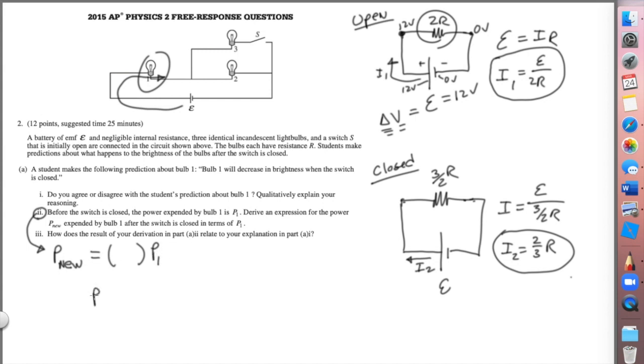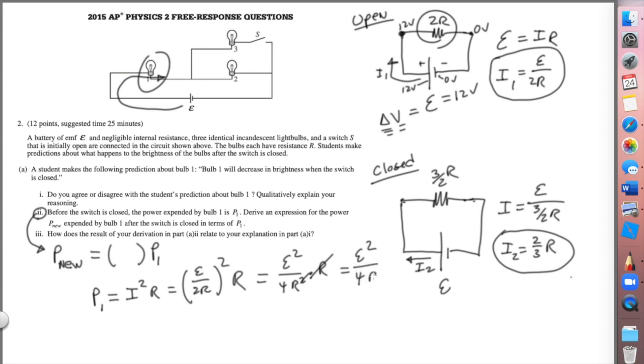So P1, which is the power of bulb 1 before the switch closes, is going to be equal, we'll use this power equation, I squared R, where the current through bulb 1 was E over 2R, squared, times R. This is going to simplify to E squared over 4R squared times R, which simplifies to E squared over 4R, since one of the R's cancels.